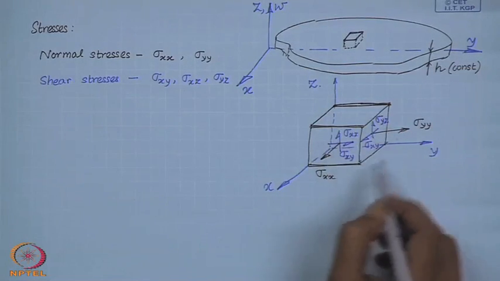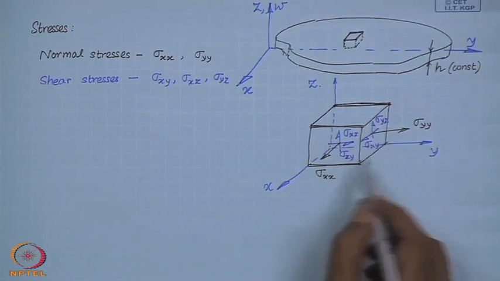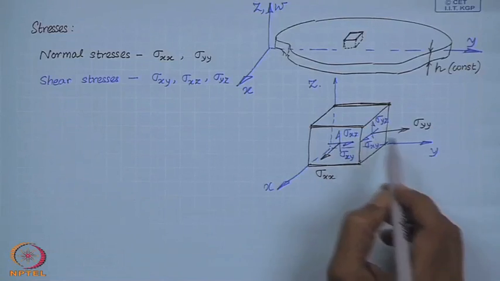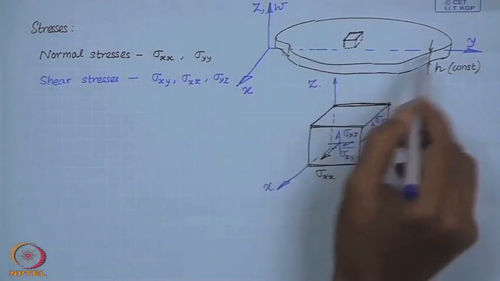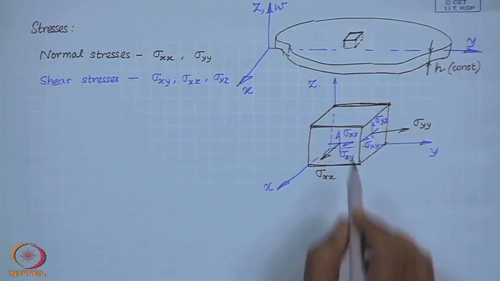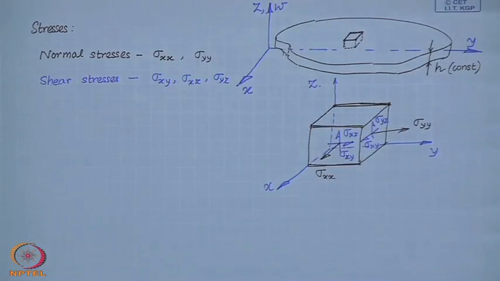I am showing the stresses only on these two surfaces. Now, there can be a distributed force on the plate, but at present we are going to drop that. So essentially we have only these stresses which are non-zero.